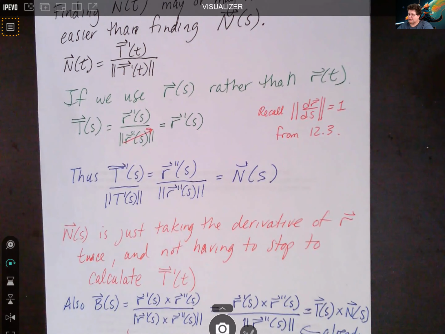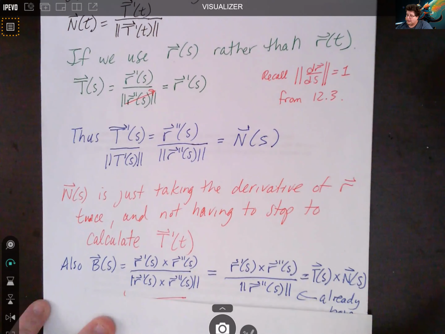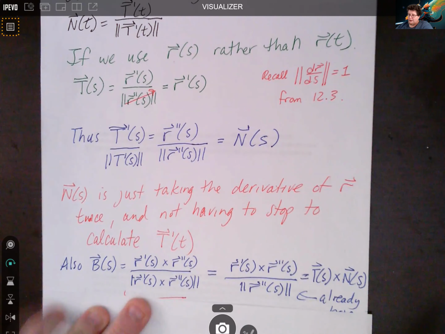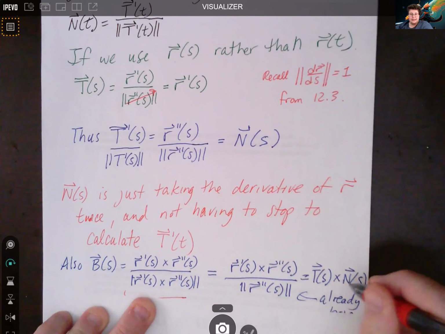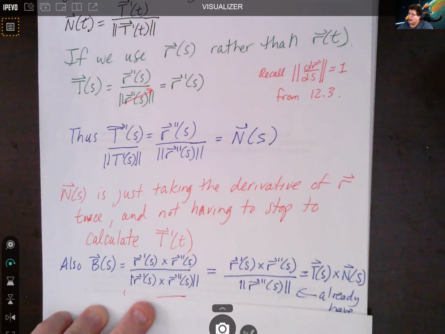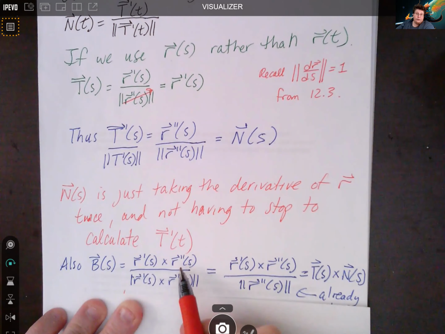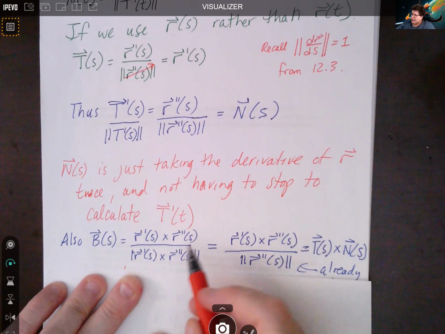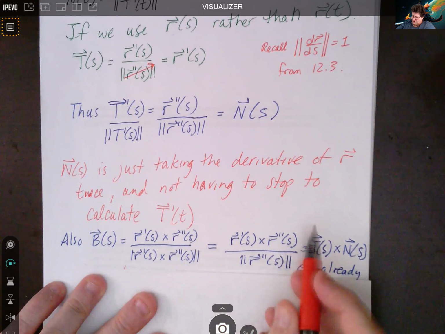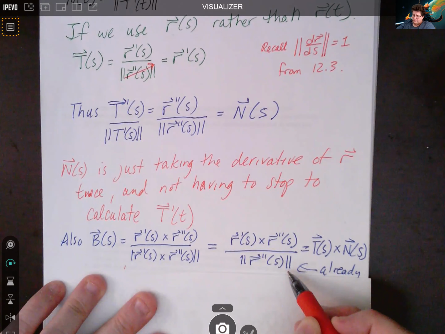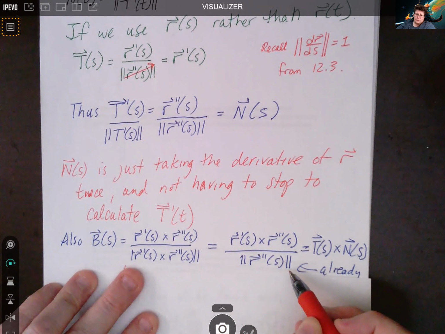Then when we're also working with s, for B of s, we have this formula. We can still do T of s cross N of s. We have that already. Shifting to the version that had r prime cross r double prime divided by its magnitude, this just turns into this because the magnitude of r prime of s is 1.